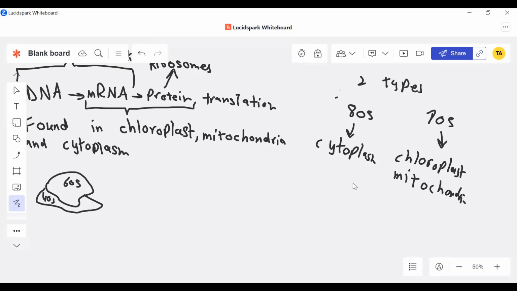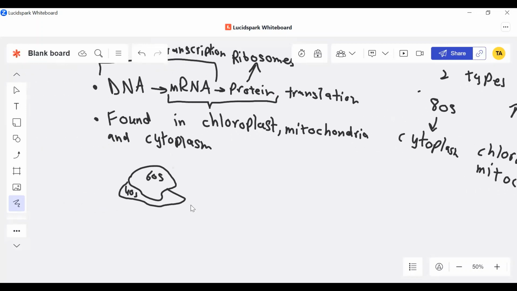So this right here is an 80S ribosome. And 80S ribosomes have two structures, the 60S and the 40S.